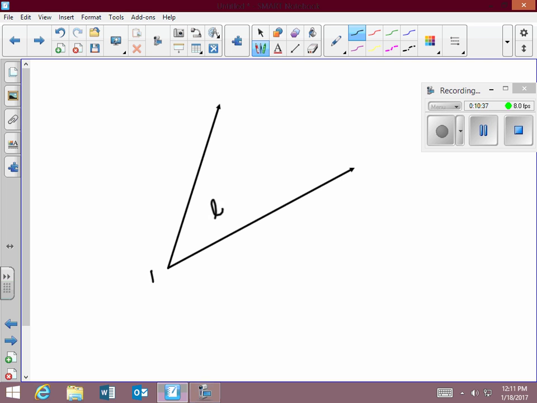Now you can specify the angle with a letter there, or you can have it go from B to A to C in terms of line segments. You can have AB as a ray and AC as a ray with a common vertex back here at A. That's an angle. Or you can specify it as angle A, or you can specify it as angle L. So there's lots of different ways of specifying it.